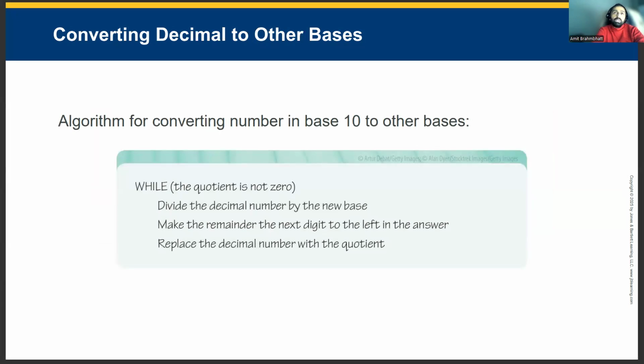Converting decimal to other bases. Here is an algorithm for converting a number in base 10 to other bases. While the quotient is not zero, it's a loop. And basically you loop and you say divide the decimal number by the new base, then make the remainder the next digit to the left in the answer, replace the decimal number with the quotient, and keep on looping.